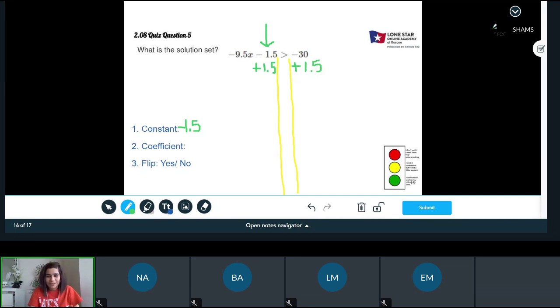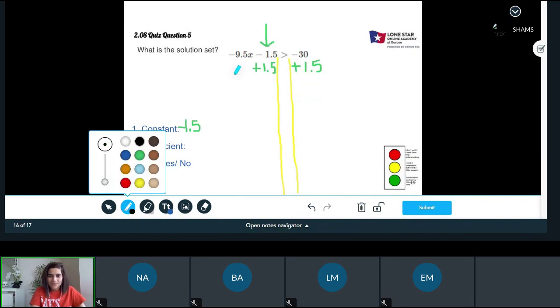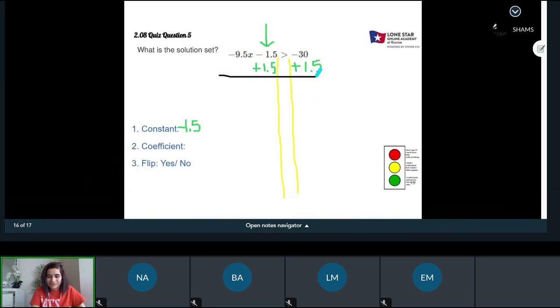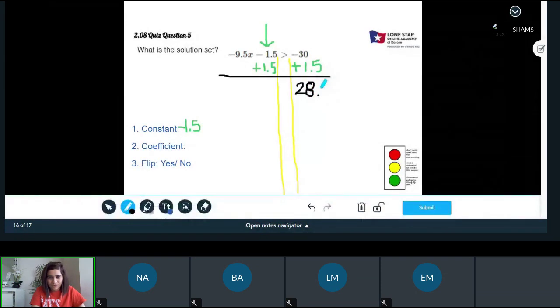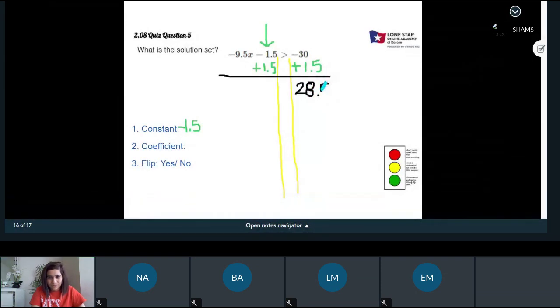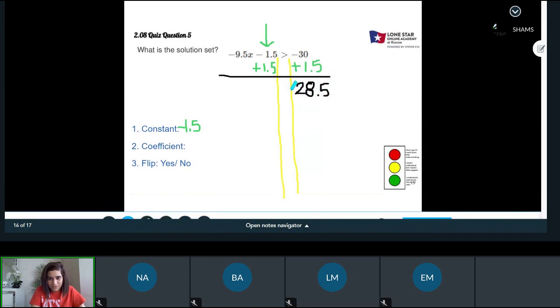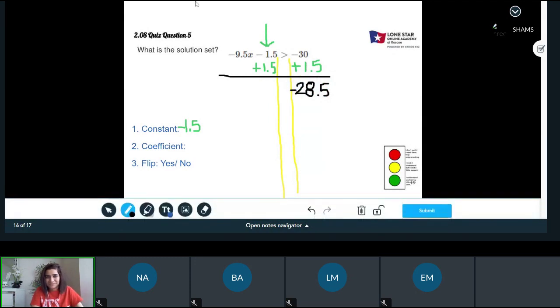Yeah, it is a good thing. Now the bank uses this 1.5 to pay off the debt. After paying this $1.5 off, you are left with $28.50 of debt with the bank. So probably negative 28.5, right? Like this.